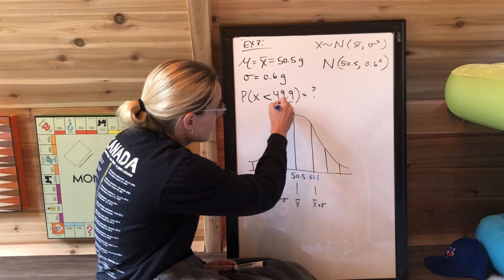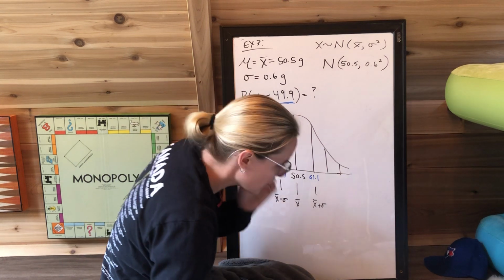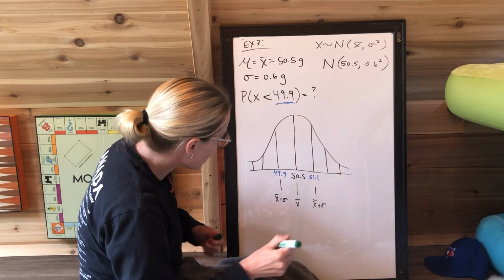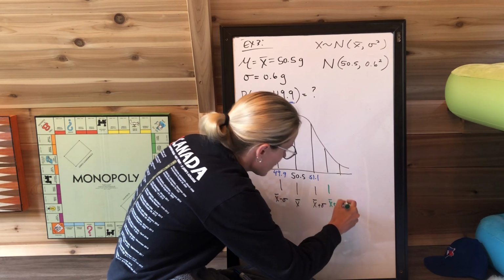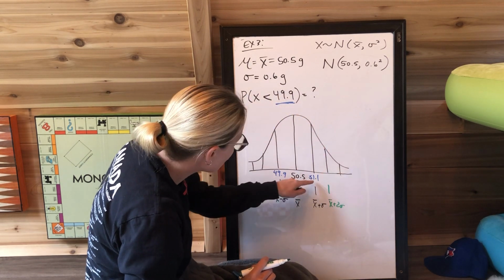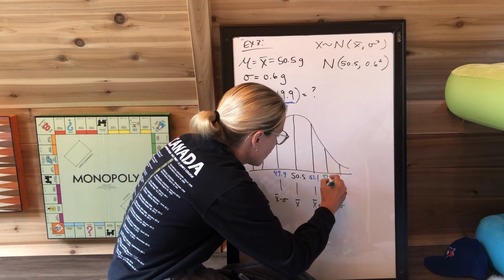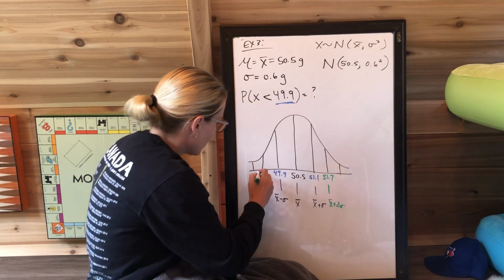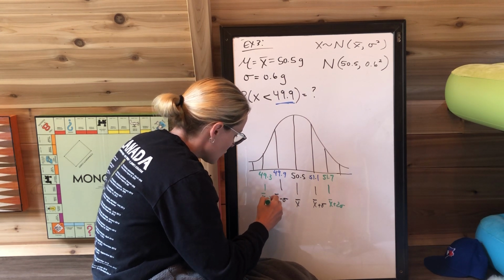Notice this number's already popped up, and that's what you want. Then we go to the next line, X bar plus 2 sigmas. I add the standard deviation again, so 51.1 plus 0.6 is 51.7. If I subtract, I get 49.3. Remember, this is X bar minus 2 sigmas.